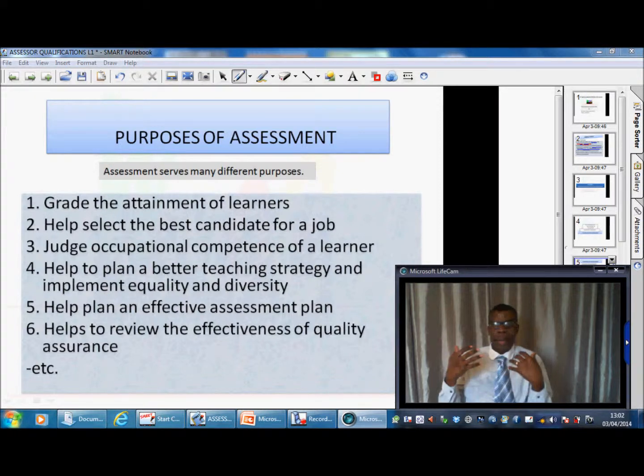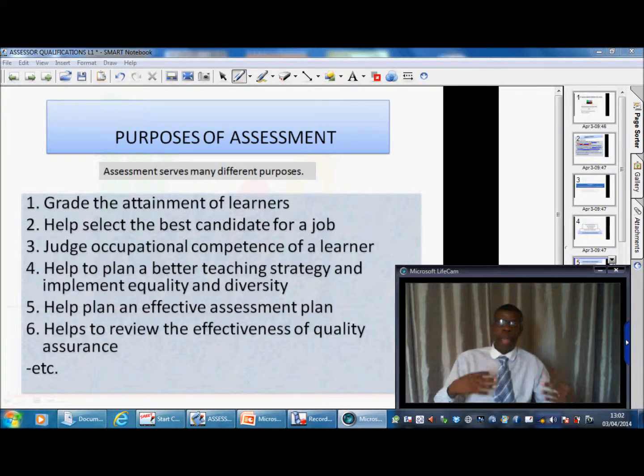The reasons why, the purpose of assessment: grade the attainment of learners. How would you know that learners on your program, any case study, are actually achieving? Is by using a grading system. How do you do that? You've got a written assessment, so question, or through continuous assessment process where people bring coursework, you mark it, you give feedback.